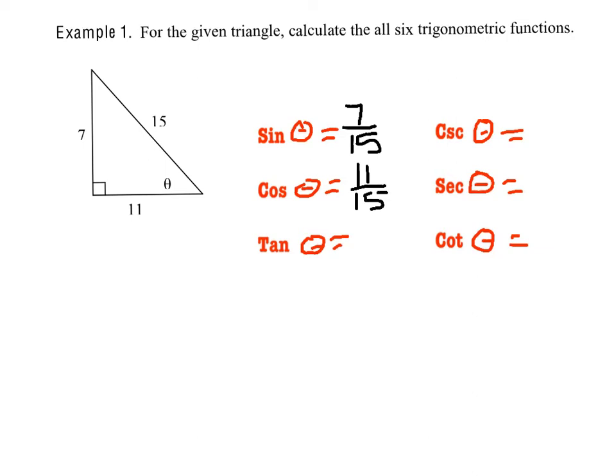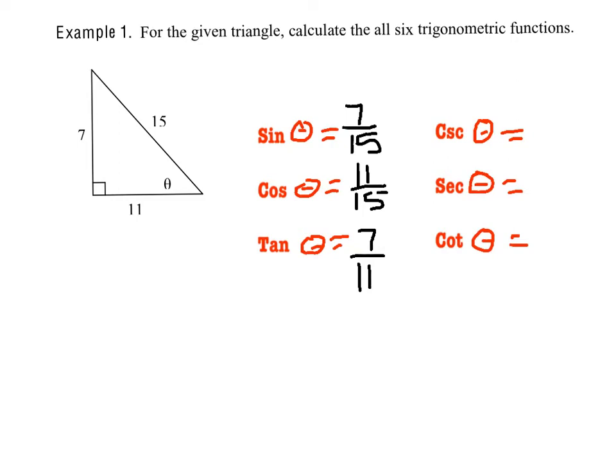Then finally tangent. Tangent's going to be opposite over adjacent. So therefore tangent's going to be 7 over 11. Now instead of referring to the table for the definitions of cosecant, secant, and cotangent, we're just going to use the property that we know the last 3 trig functions are simply the reciprocal of the first 3.